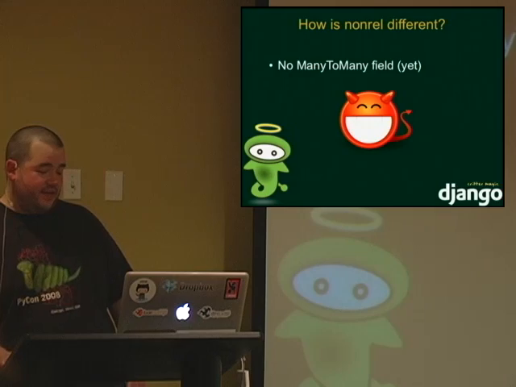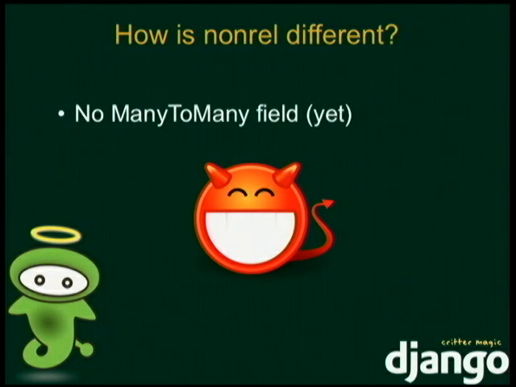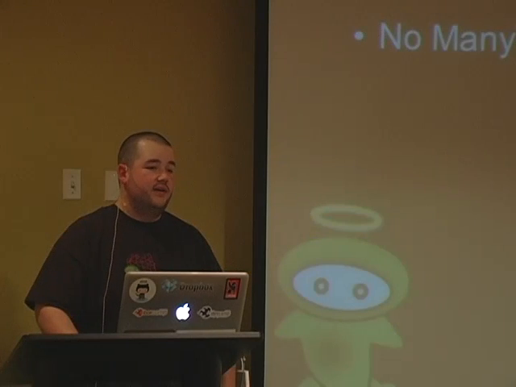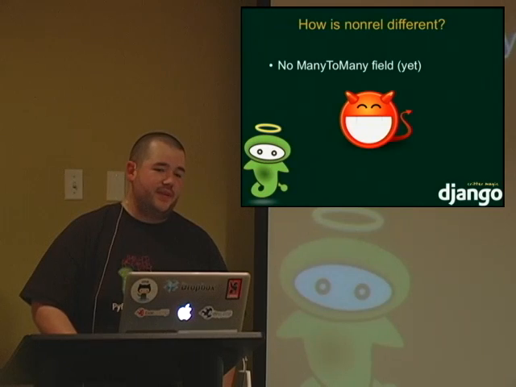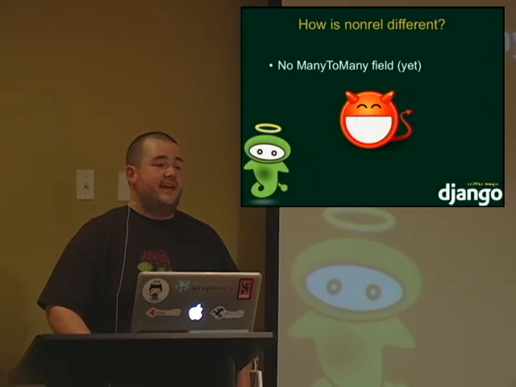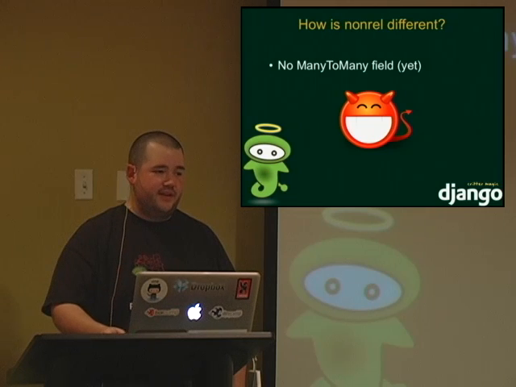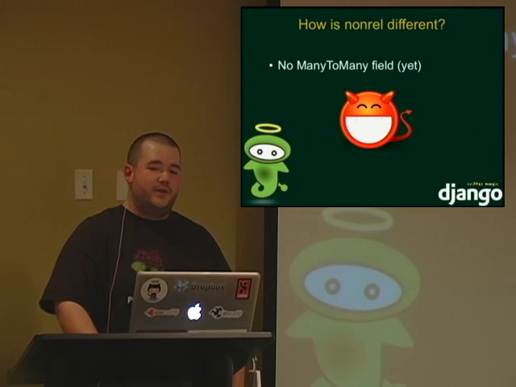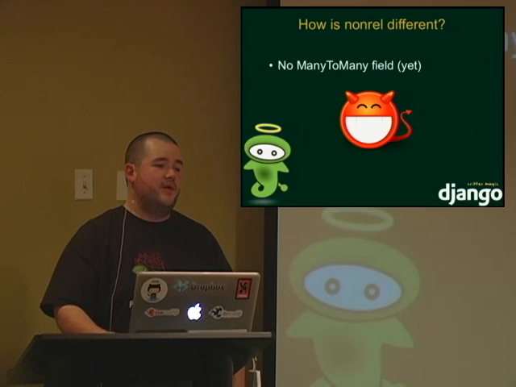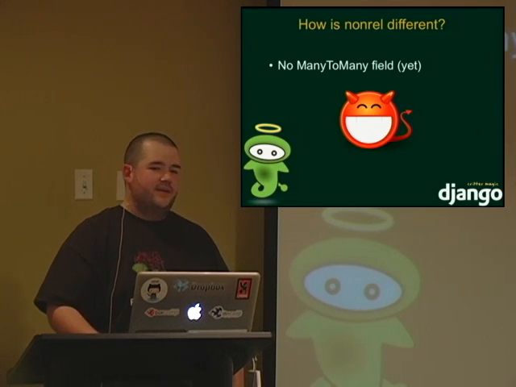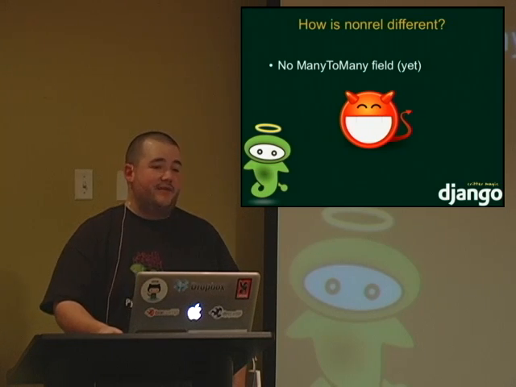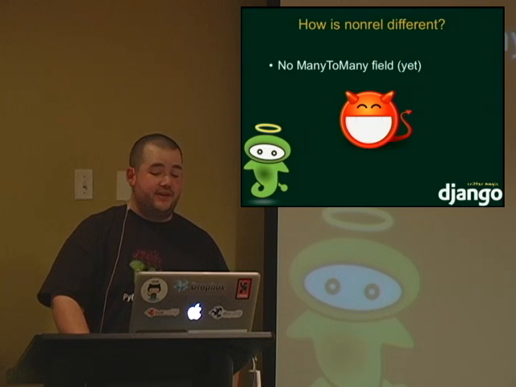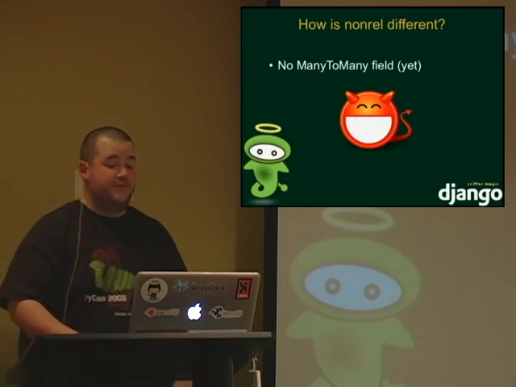I am in the camp that uses non-rel because of its flexibility, not necessarily for speed or big data, and I would like to see in the future Django non-rel support many-to-many in the sense that it's not going to be as fast as other things. But the best example is, and you've all run into it, you have a third-party app that's going to be used by a small bit of the users on your site, and so it doesn't necessarily have to be fast, so many-to-many emulation is good. And so that's one of the things I'm pushing for.